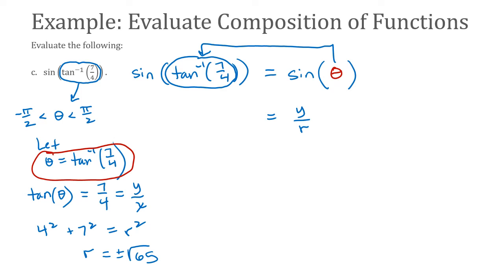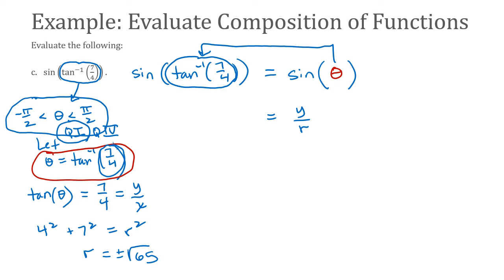We said theta is equal to inverse tangent of 7/4. And because theta has to be between pi over 2 and negative pi over 2, that puts us in quadrant 1 or quadrant 4. The only quadrant where we're going to see a positive tangent is going to be quadrant 1. And in quadrant 1, we would expect all the values to be positive.